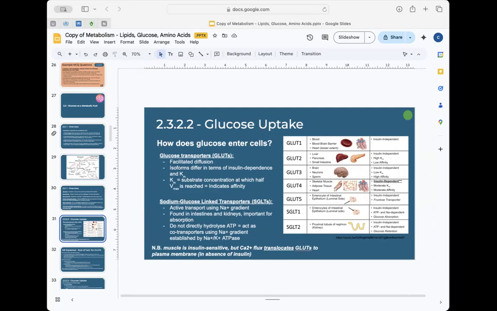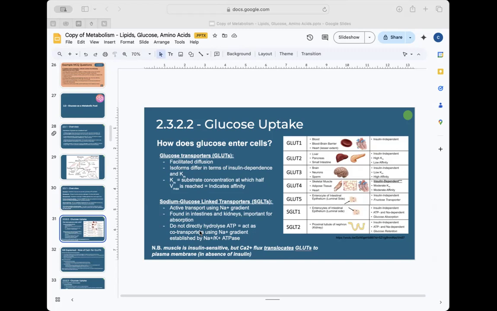Okay. Glucose uptake then. Let's kick things off with how glucose actually gets into cells. Most tissues use these glucose transporters. They rely on facilitated diffusion, aka no energy is needed.